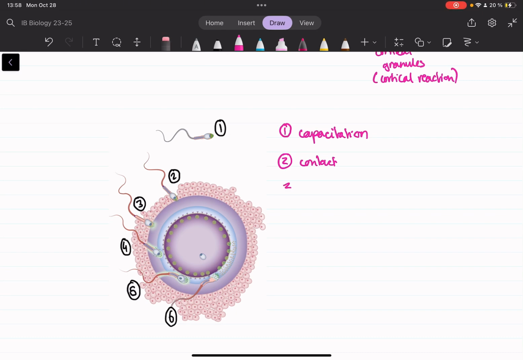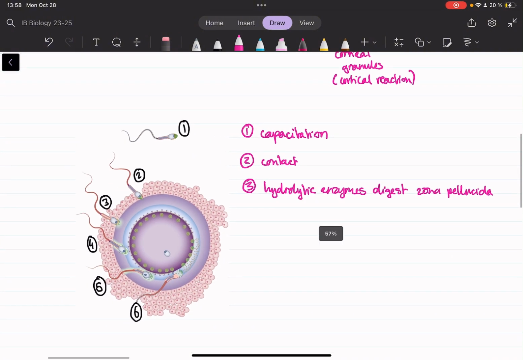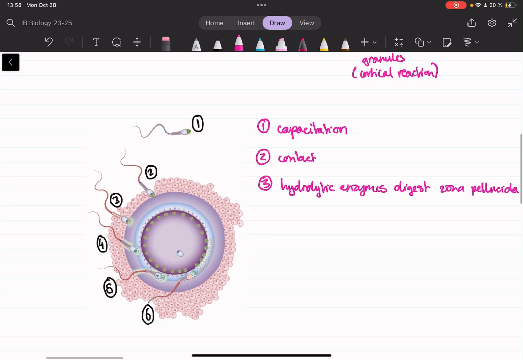Once it reaches the zona pellucida, the acrosome will release the hydrolytic enzymes, and those enzymes will digest the zona pellucida. And this will make the sperm able to travel through to the cell membrane.